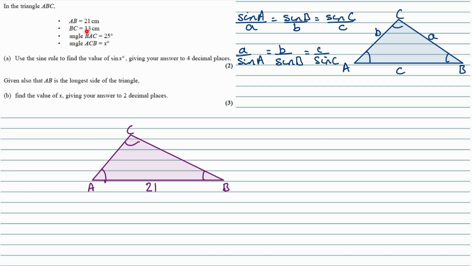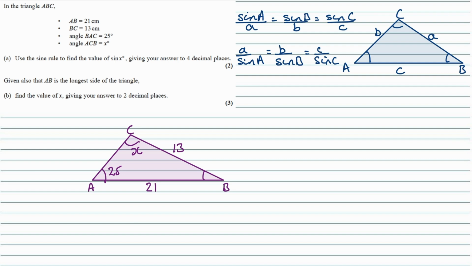B to C is 13, that's this side. Angle BAC, so B to A to C, this one is 25 degrees. And angle ACB, so A to C to B, this is angle X. We need to work out the sine of X.